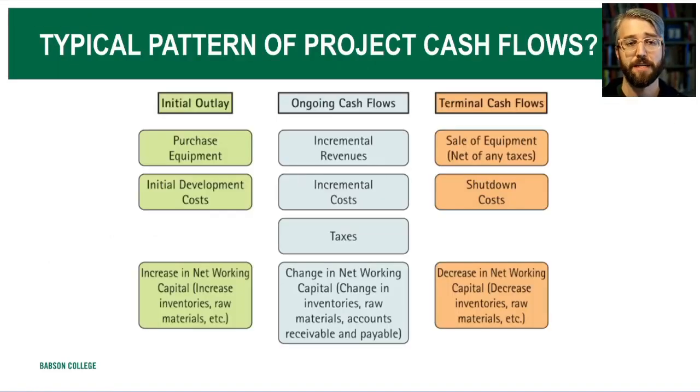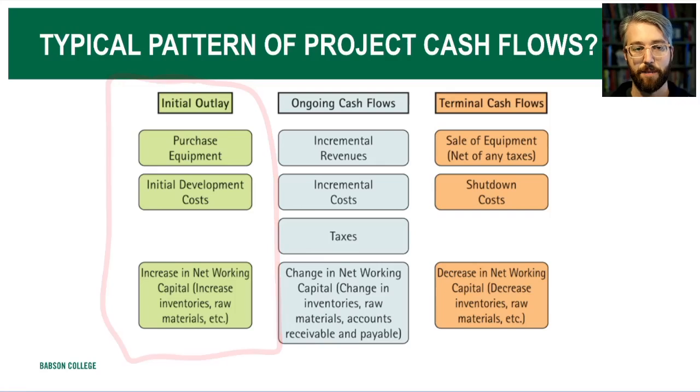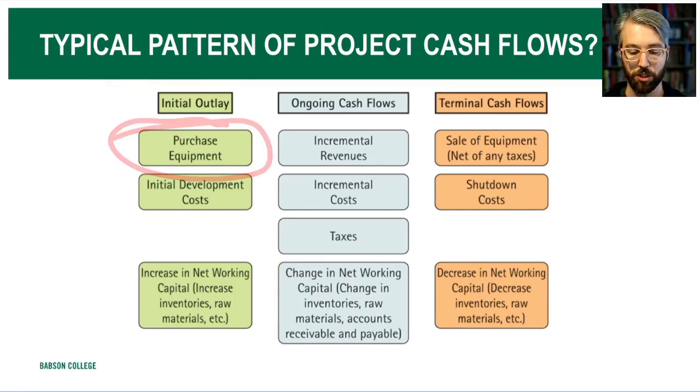So here's how a typical project's cash flows are going to wind up looking. Most projects are going to have some initial outlay that's going to happen either at time zero or in the early stages. And that's going to be associated with capital expenditure or R&D that's going to generate negative cash flows for the project up front.